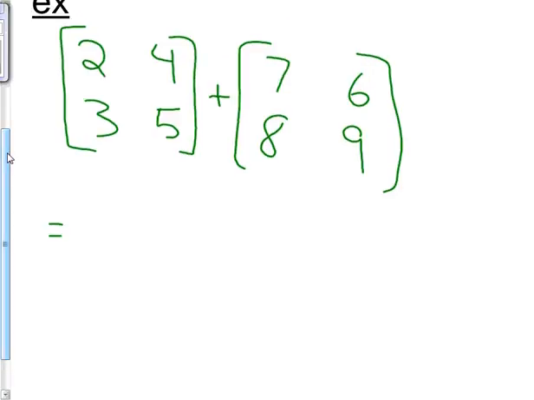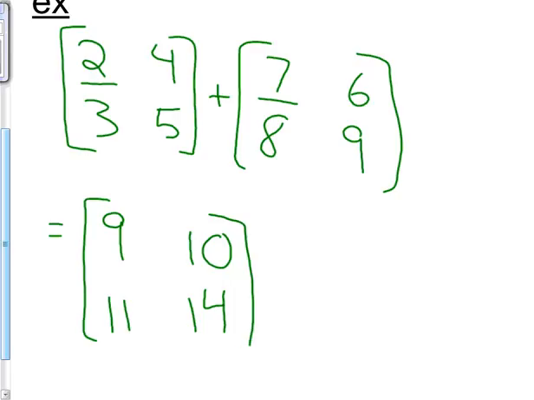So for our first entry, we're adding this guy and this guy. We get 9. We get 9, 10, 11, and 14. And that's basically all we have to do for adding.